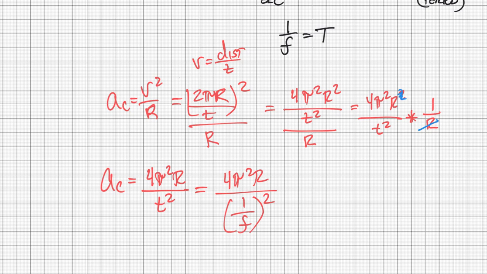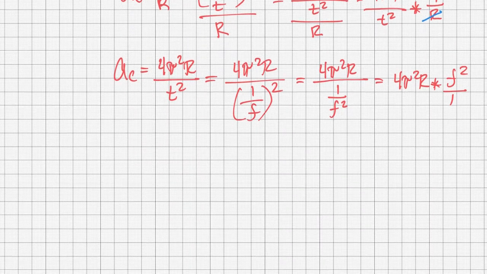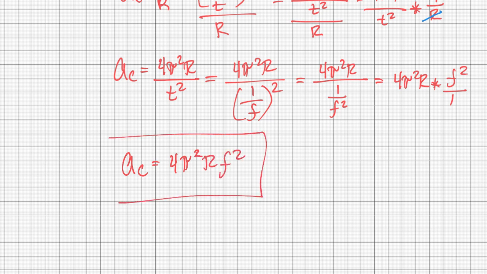And again, our math teacher doesn't like fractions within a fraction. This is just algebra. It becomes 1 over f squared, and instead of dividing by a fraction, we're simply going to multiply by the reciprocal. So now it's f squared over 1, that's my reciprocal, and we get that the acceleration centripetal is 4π²R frequency squared.